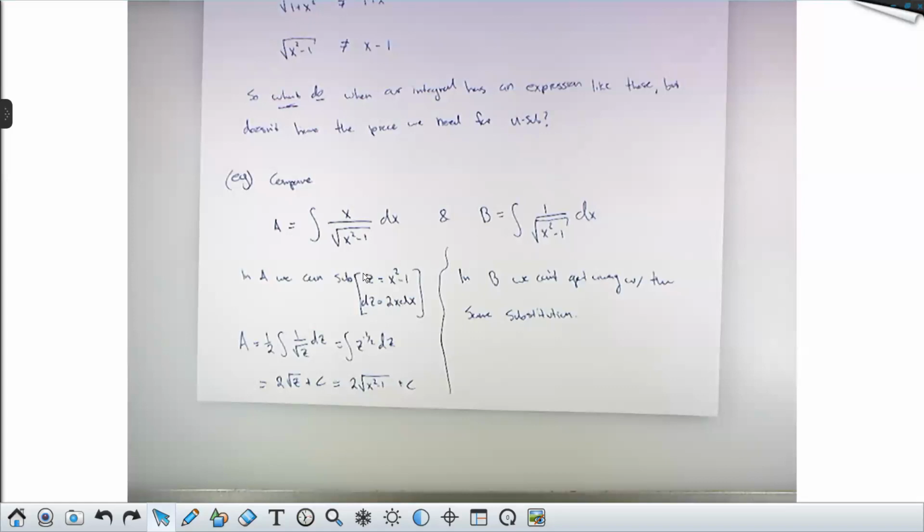So instead of saying z is some mishmash of the old variable x, I'm going to say x is equal to sine theta or secant theta or tangent theta, which means that I'm just going to be plugging in for dx. I'm not going to be hunting around for the appropriate piece that I need to group with dx for my differential.